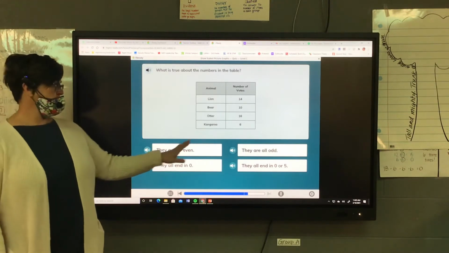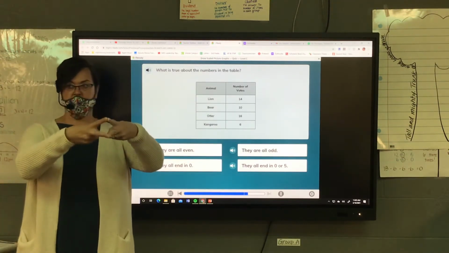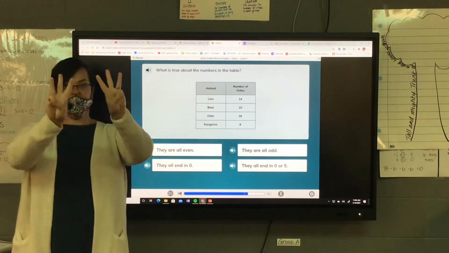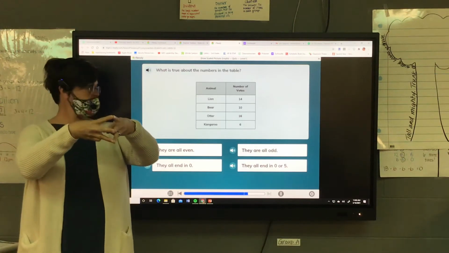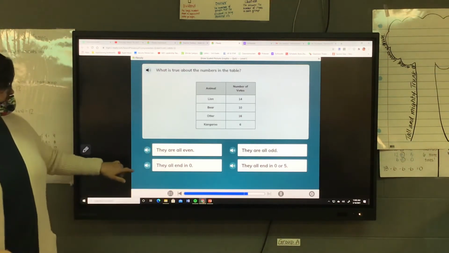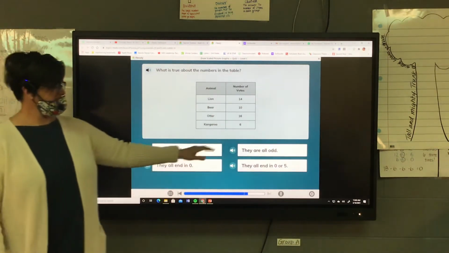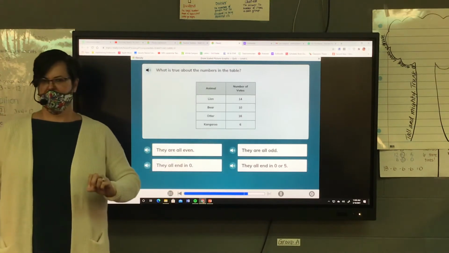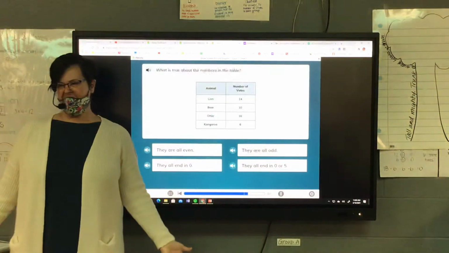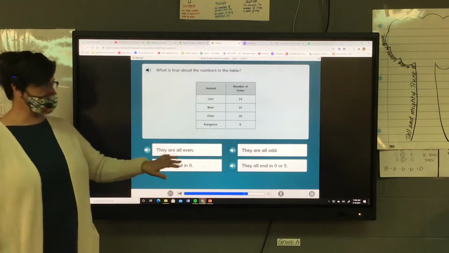I'm seeing that you say they are all even. 4 even. 0 even. 6 even. Do they all end in 0? No. They are all odd? No, none of them are odd. They all end in 0 or 5? No. So we definitely agree they are all even.